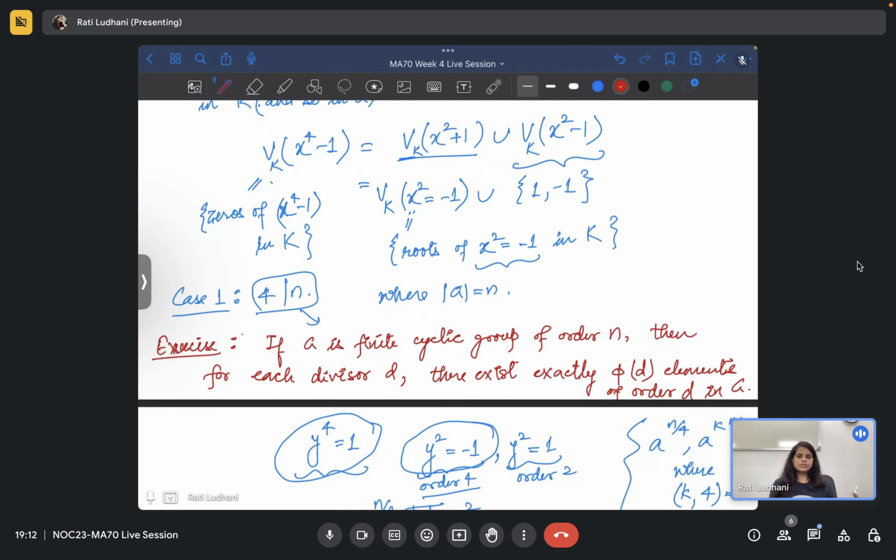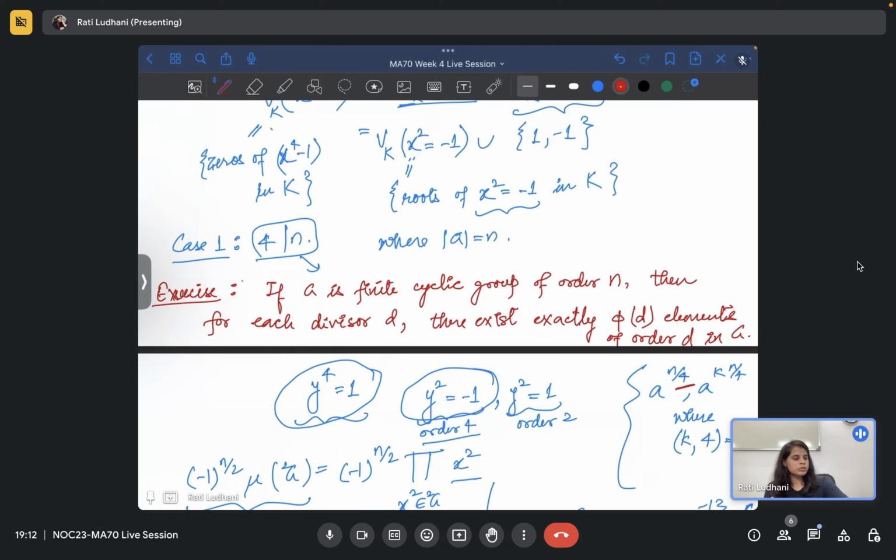Just think of G to be generated by a, then you can consider all the elements, for example for 4 it is this.